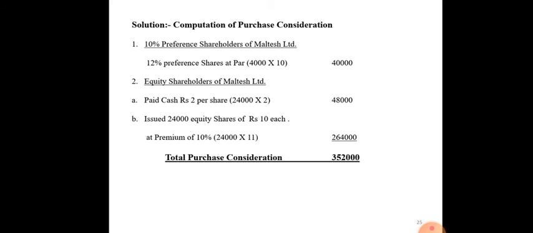On this 10 rupees you calculate 10%, meaning rupees 1, so 10 plus 1 is 11 rupees. 24,000 into 11 totals 2,64,000. Now to calculate the total purchase consideration, this 40,000 plus 48,000 plus 2,64,000 totals 3,52,000, which is the total purchase consideration. So like this you have to calculate the purchase consideration under the net payment method.